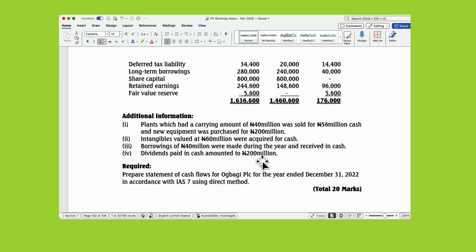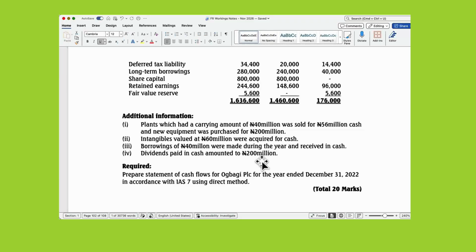Look at note one first. They gave me plant that has a carrying amount of 40 million. It was sold for 56 million. I know that this 56 million is a cash item. It is going to the statement of cash flows under investing activities. They also purchased new equipment for 200 million.